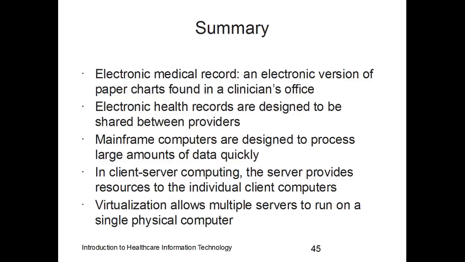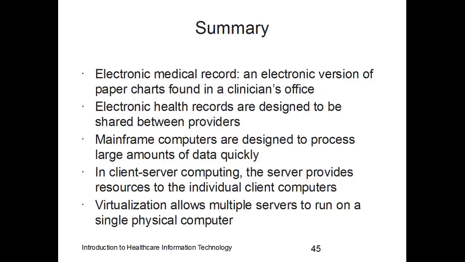Okay, that brings us to the end of this chapter. A quick summary of what we've covered. Electronic medical record. This is an electronic version of the paper charts found in a clinician's office. Electronic health records are designed to be shared between providers. Mainframe computers are designed to process large amounts of data quickly. In client-server computing, the server provides resources to the individual client computers.